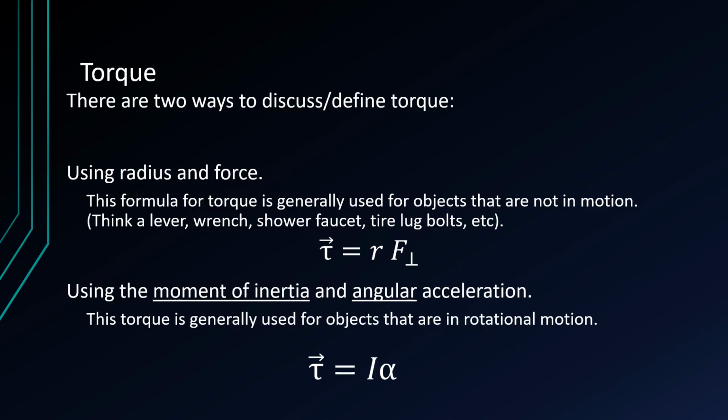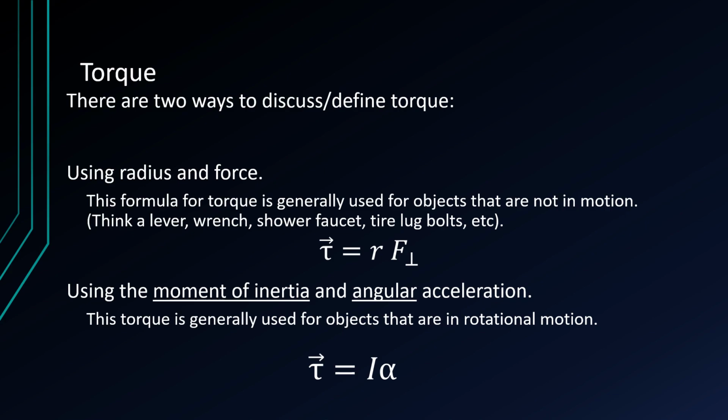So there are two ways that we can define and discuss torque. There is the first equation where torque is equal to radius times the force perpendicular. And this is the formula that we use for torque generally when we have objects that are not already in motion, not already accelerating.